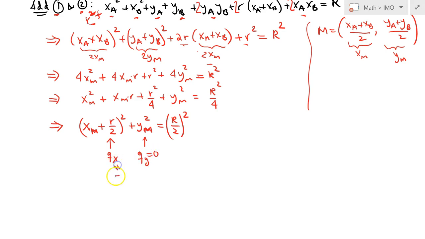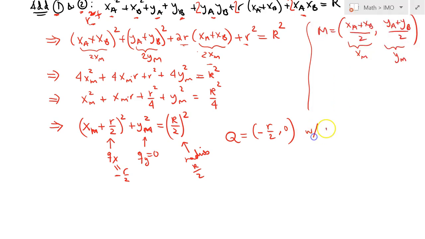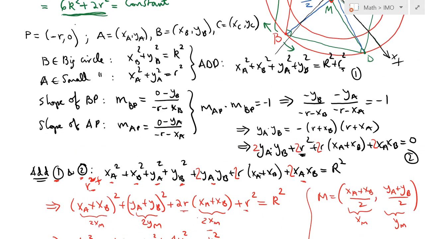So qx is equal to minus r over 2, and qy is 0. Therefore, and the radius here is obviously r over 2, so Q, the center of this circle, has coordinates minus r over 2, 0, with radius r over 2. And this is a really nice, significant result.